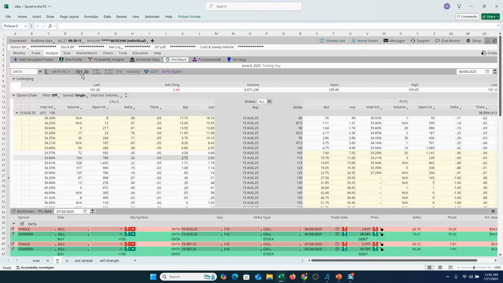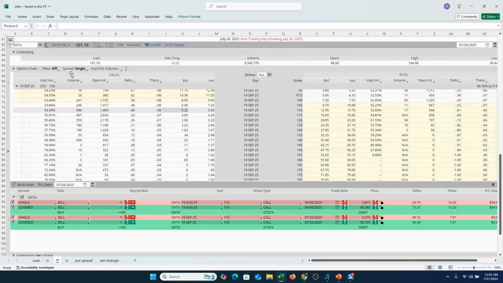So you have about 8% or so upside still. In this case, 67 days to expiration, and you can see that covered call trade back there, selling the call at about $2.80, buying the stock at 101.20. You would have paid about 98.40 or so net on the trade, selling a 33 IV.